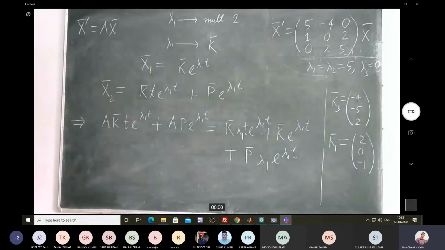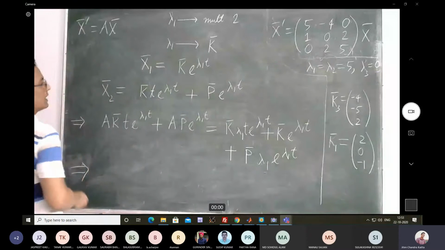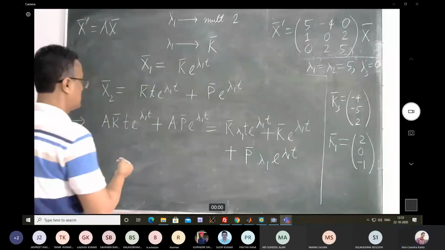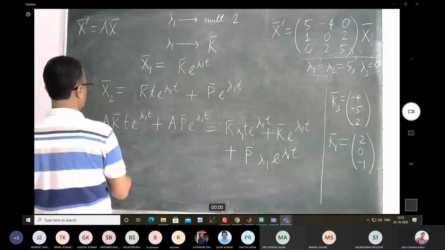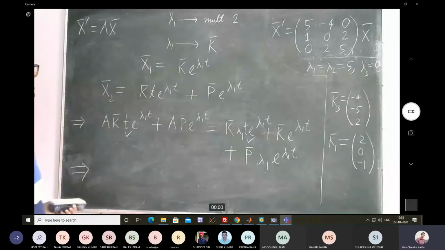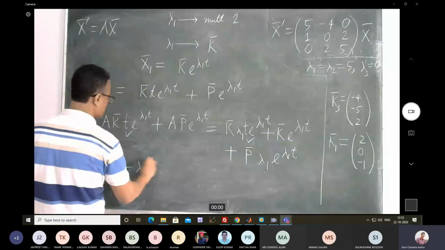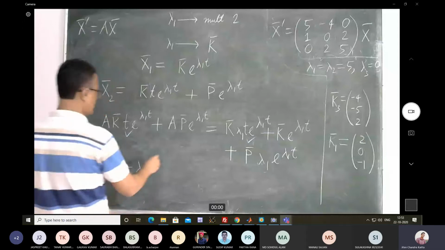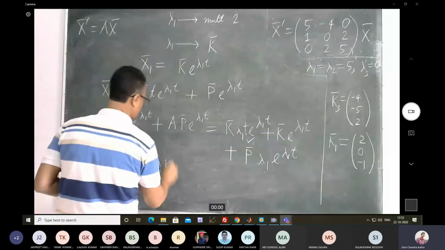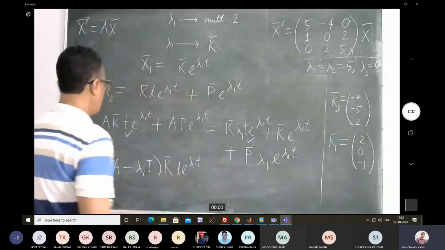Okay, fine. Now let us make some adjustment. Look at this one and this one. I can write this as A minus lambda 1 I k t e to the power lambda 1 t, right?